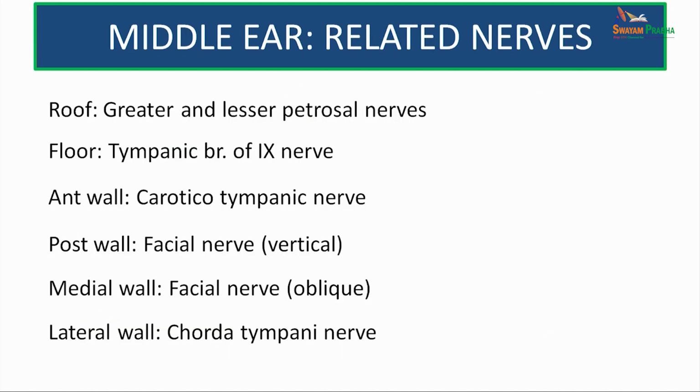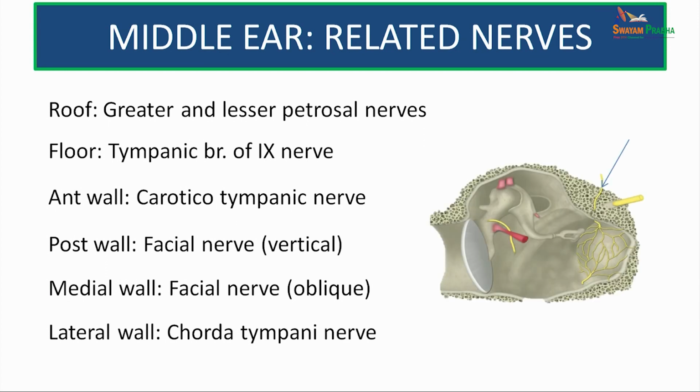Having gone through the various boundaries and walls of the middle ear, we see that there are very many nerves which are related to the middle ear. In the roof we have the greater and the lesser petrosal nerves.